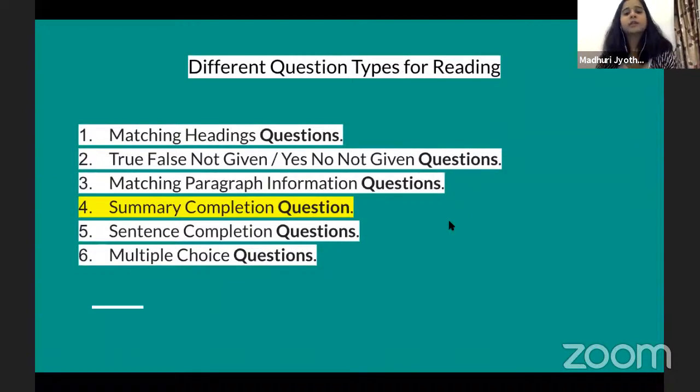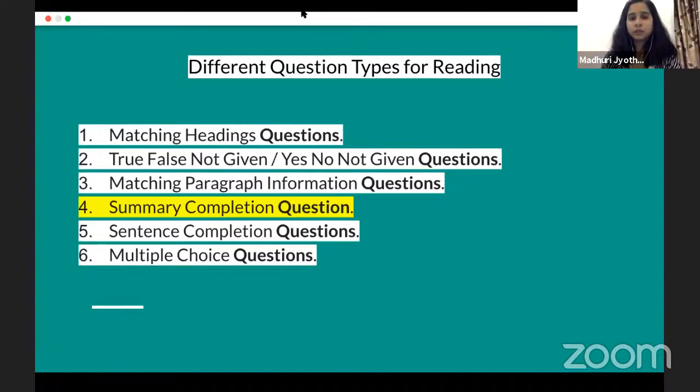So there are different question types that can come for reading. The first one would be matching headings. I'm sure all of you are aware of all these because you're all on the verge of going to write the exam. But in IELTS material, how we go about answering questions is we have different strategies for different types of questions.